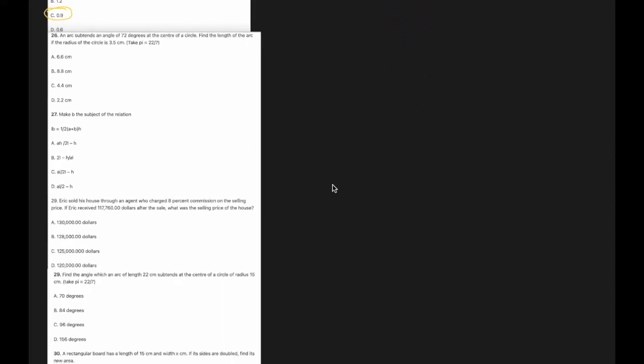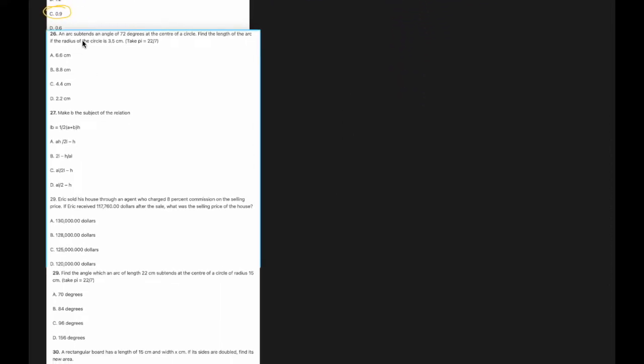Number 26. An arc subtends an angle of 72 degrees at the center of a circle. So let me draw a circle, and let's say this is the arc, and the angle is 72 degrees at the center of the circle, this is O. Find the length of this arc if the radius of the circle is 3.5.